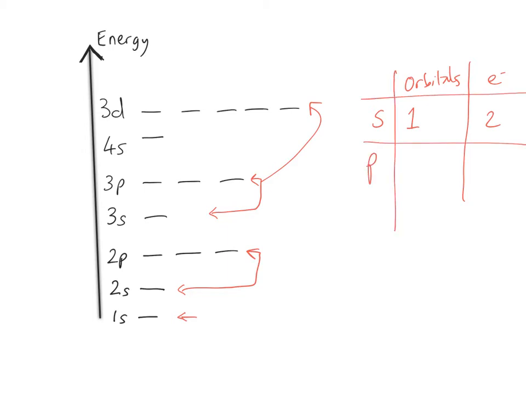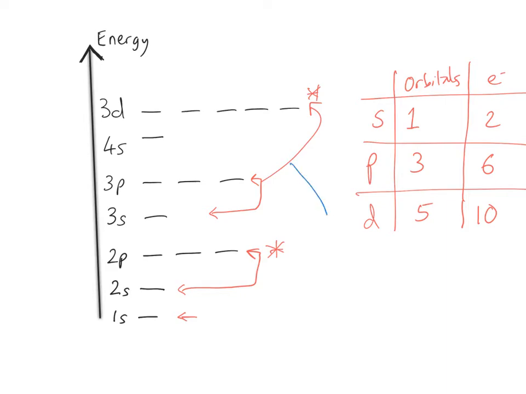In the p sublevel, because there are 3 different orbitals, as we can see down here, the p sublevel can hold a total of 6 electrons. And then the d sublevel, because there are 5 different orbitals, the d subshell can hold a total of 10 electrons.